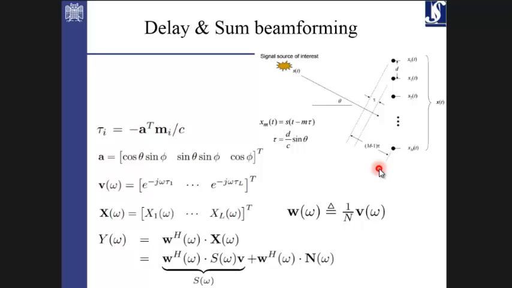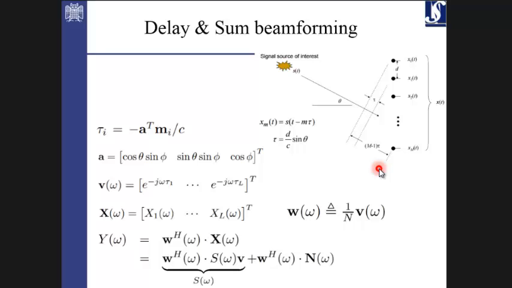Now the point is that the source is propagated. It means that the source is passed through a filter, the propagation filter, and then is grabbed by a number of microphones. That propagation filter is called the room impulse response. So that's a filter: the source passes through the filter of the room and is then recorded by the microphones.